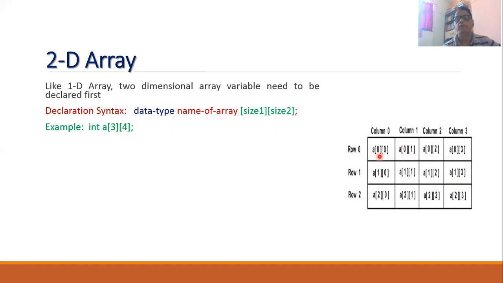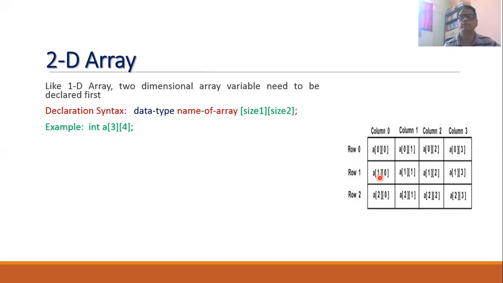The first element will be A00. Row-wise, the second element will be A01. The third element will be A02, and the fourth element will be A03. In the second row, the row number now changes to 1.